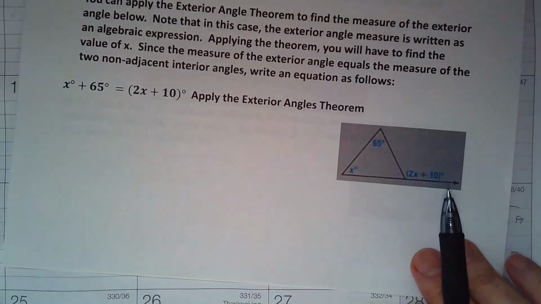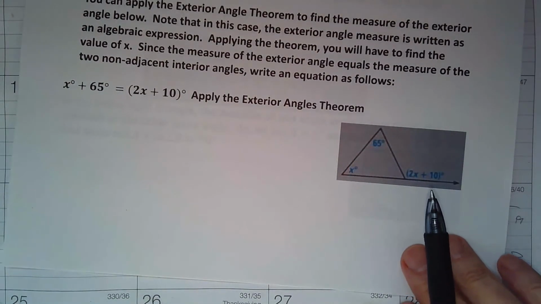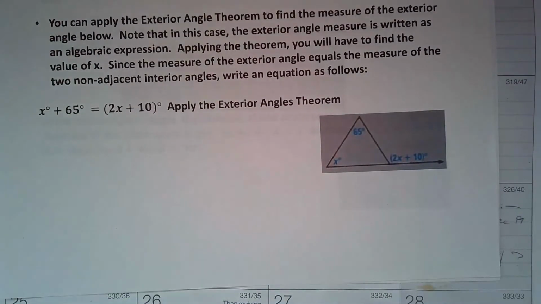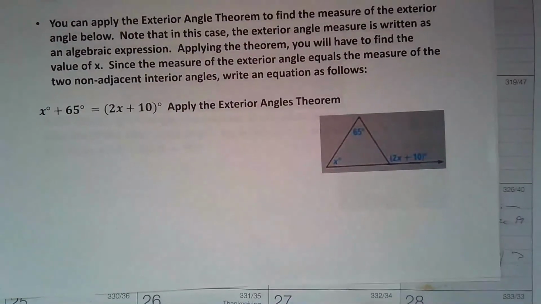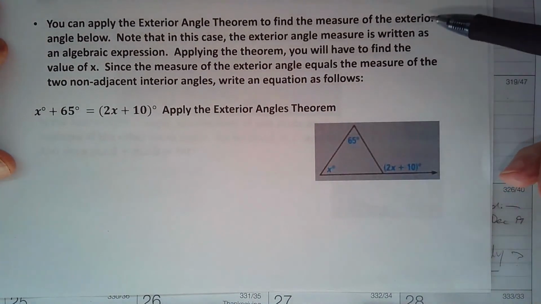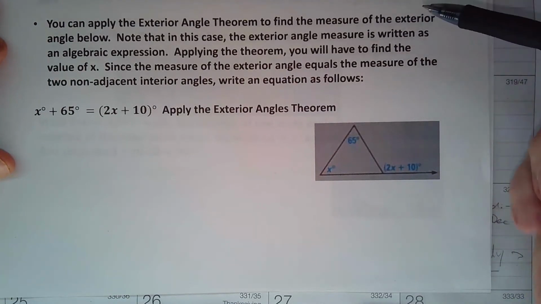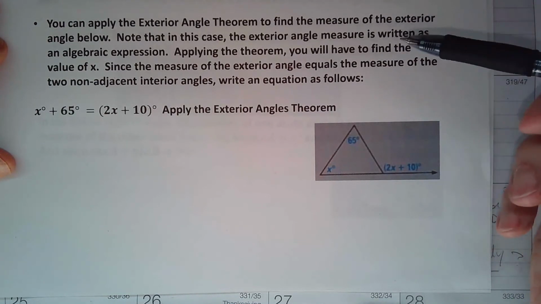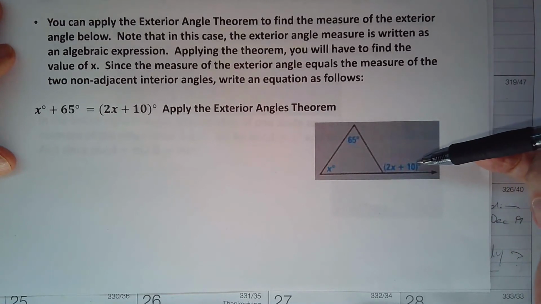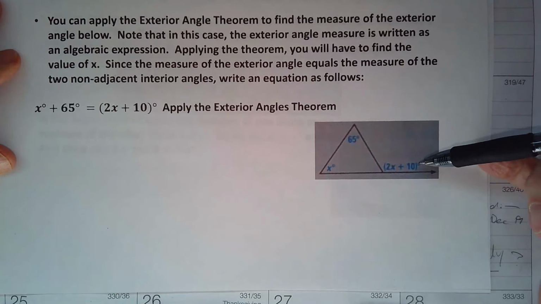All right. So now what we want to do is look at exterior angles. So how do we determine the measure of an exterior angle? This is our second example. You can apply the exterior angle theorem to find the measure of the exterior angle. In this case, the exterior angle measure is written as an algebraic expression.